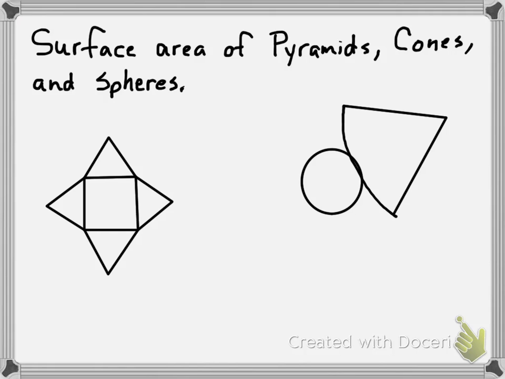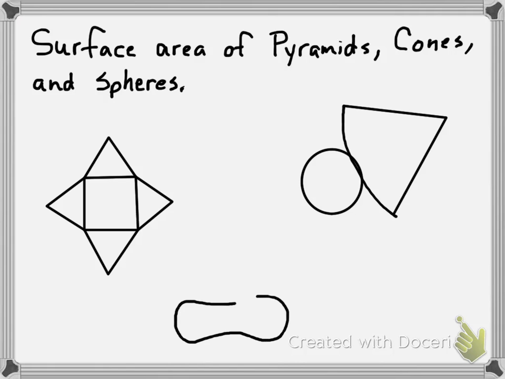A sphere doesn't really lend itself to a net as well as the others, but we can still see what it looks like. I want you to think about a tennis ball. If you were to peel a tennis ball apart by the seams, what would it look like? Well, it has two pieces.